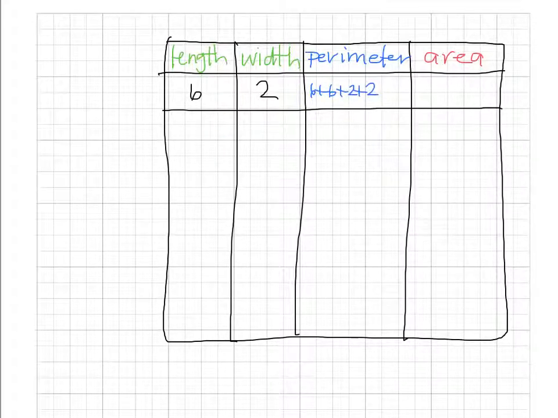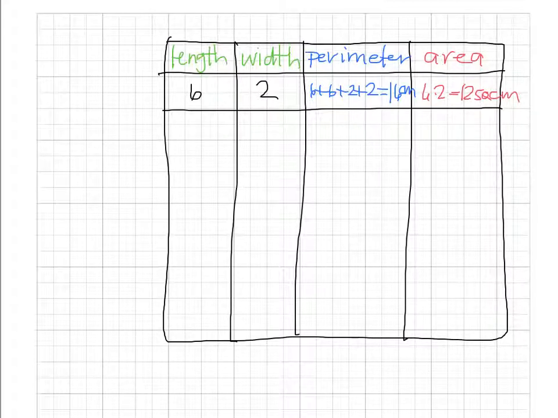We added them together and we got 16 centimeters. Now, I'm going to run out of room here because I didn't make my columns big enough. Area, remember we took 6, that was the length, and we multiplied it by 2, and we got 12 square centimeters.